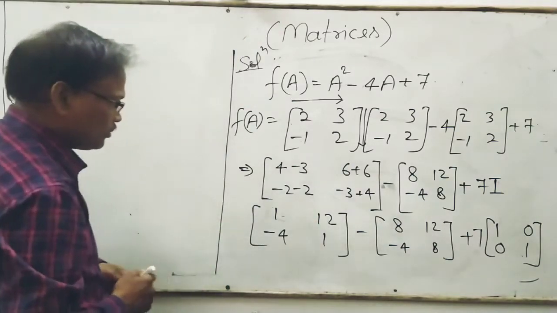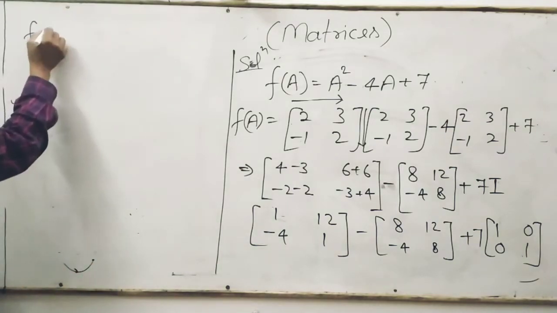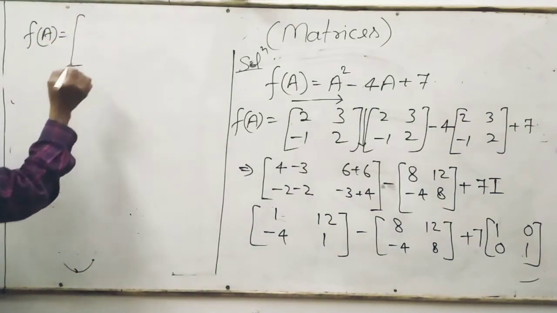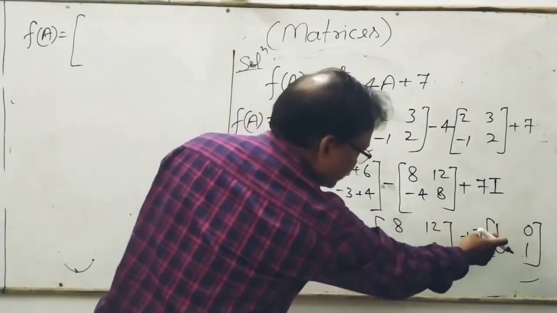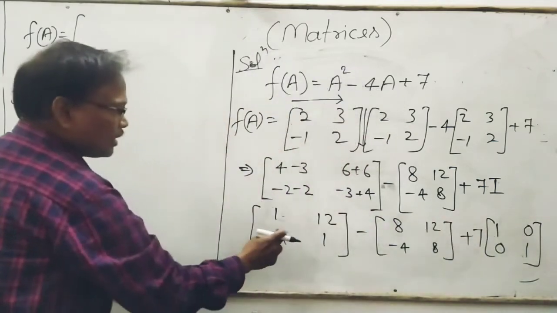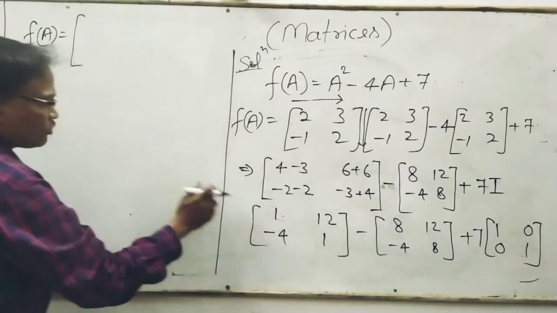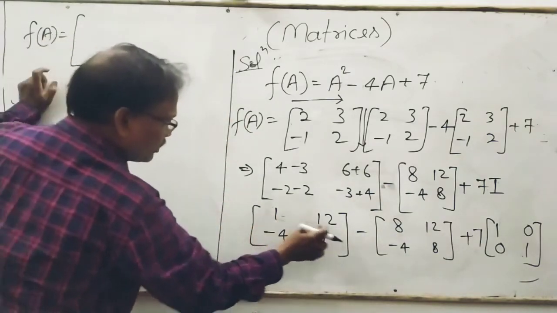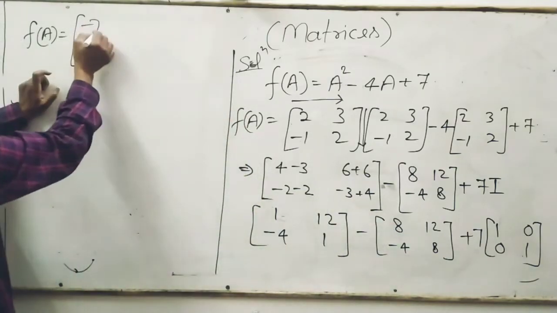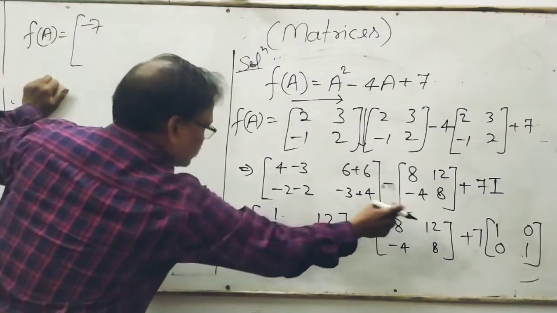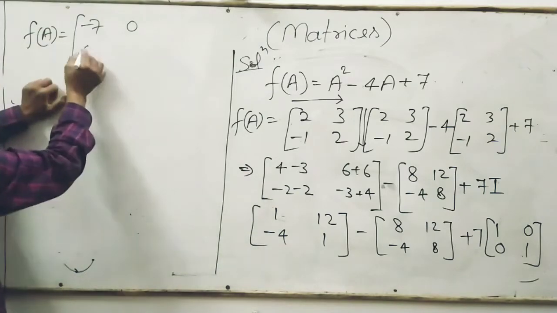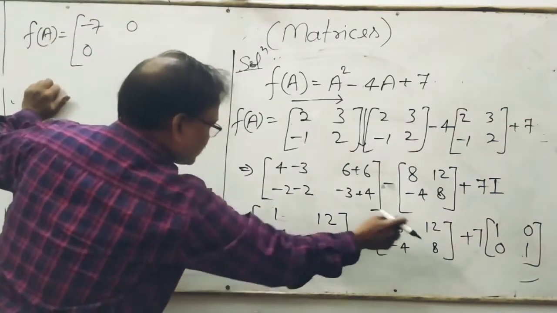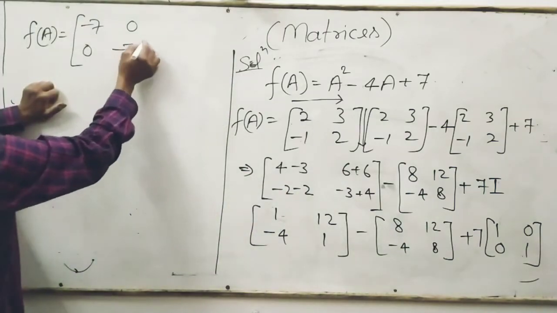solve this. You will get fA is equal to, now you can add these two, but before that you multiply 7 here and you can subtract this one. So how will you? 1 minus 8 minus 7, 12 minus 12, that is 0, minus 4 plus 4, that is 0, and 1 minus 8, that is minus 7.